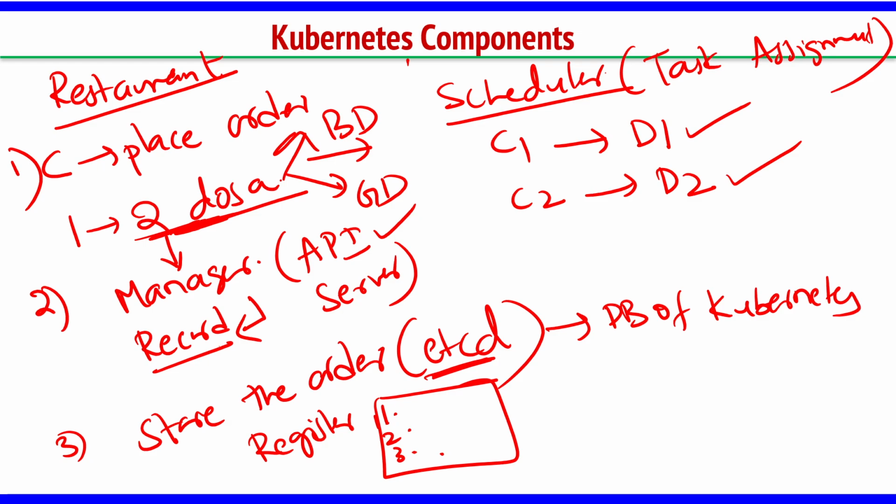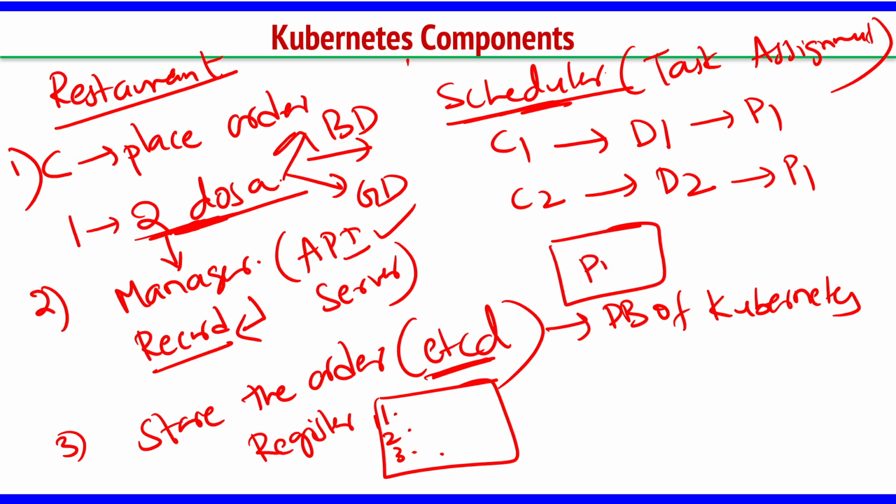In technical terms, the scheduler is assigning pods to the nodes. This is my scheduler, right? It is trying to assign nodes. I will create pod 1 here, and I may create the same pod or a different pod depending on the work. So these pods are assigned to the nodes. There is one node, and in that node I may have pods.